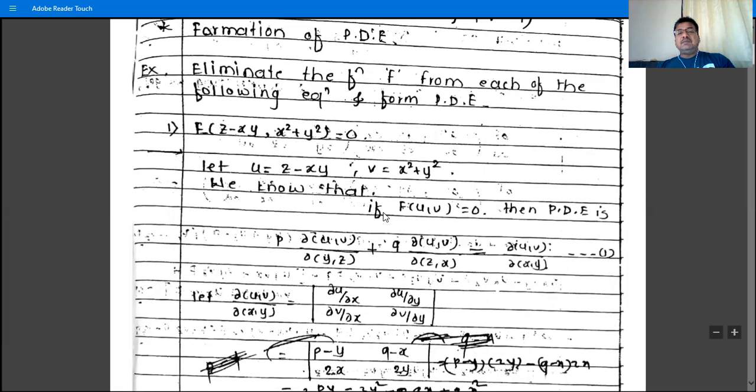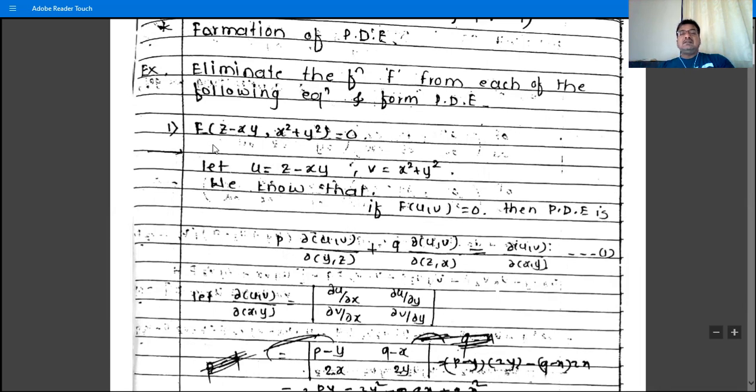And we know that if f of u, v is equal to 0, then the corresponding partial differential equation is P ∂(u,v)/∂(y,z) plus Q ∂(u,v)/∂(z,x) is equal to ∂(u,v)/∂(x,y). So if this is the given equation, f of u, v is equal to 0, then the corresponding partial differential equation is this.